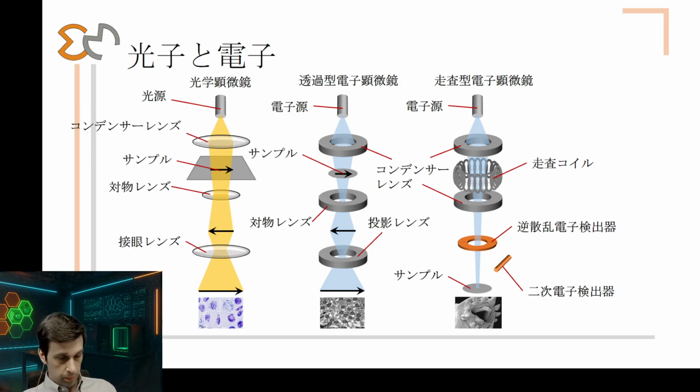So there are two types of light microscope, and there are two types of electron microscope, and they work in similar ways. The transmission light microscope is similar to the transmission electron microscope in structure and conceptually, and the scanning electron microscope is similar to the reflection light microscope.